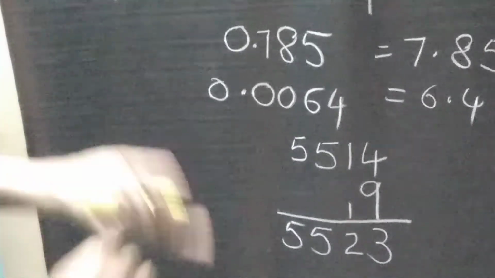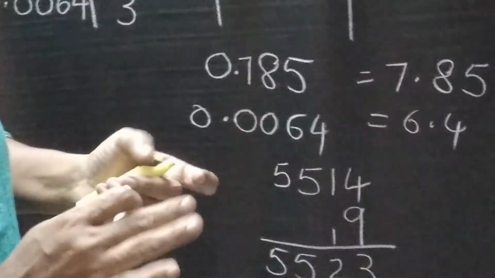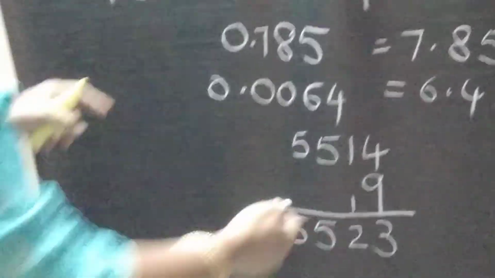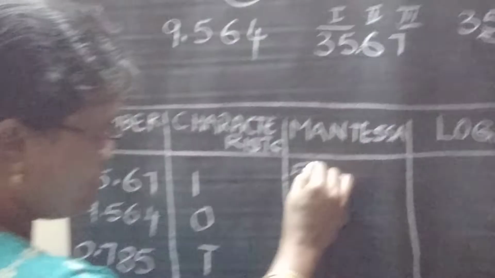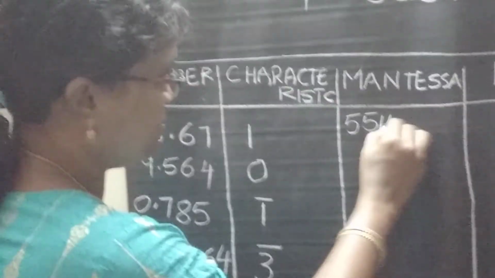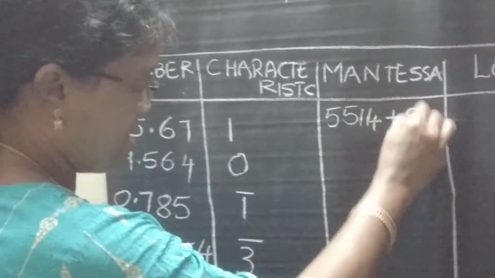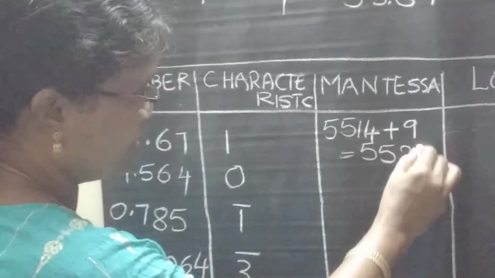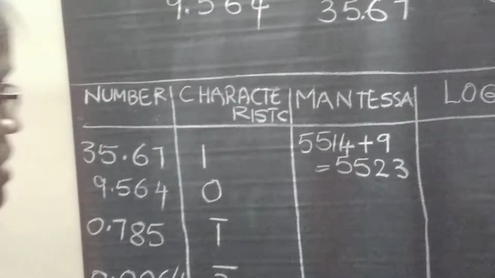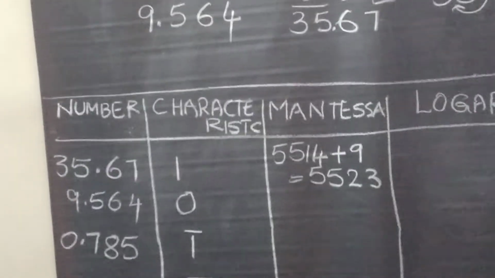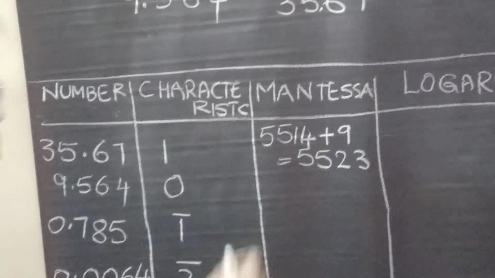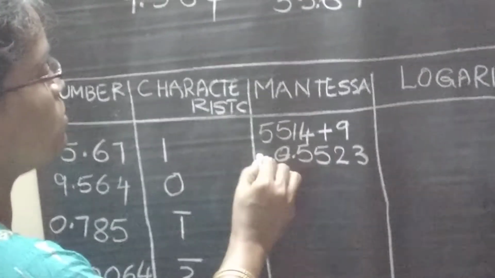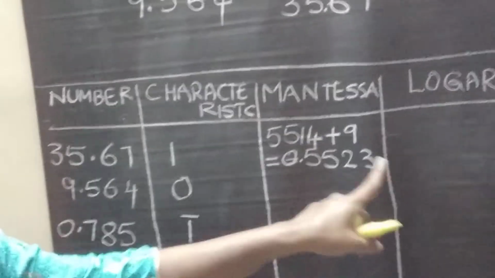So our mantissa is 5523. But the mantissa should always lie below 1, so we have to put a 0 point: 0.5523.